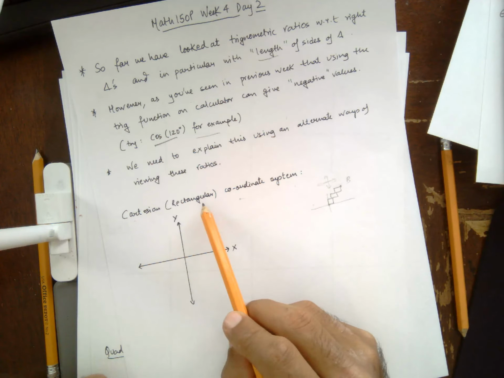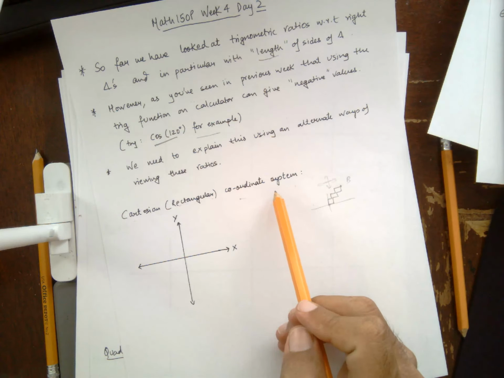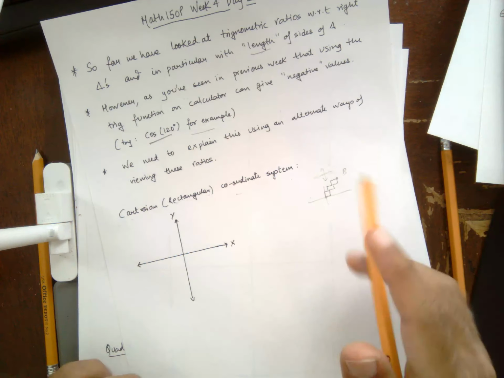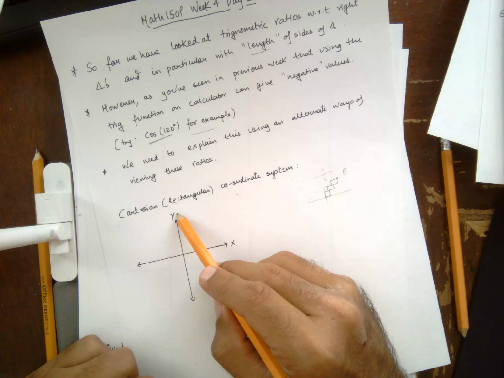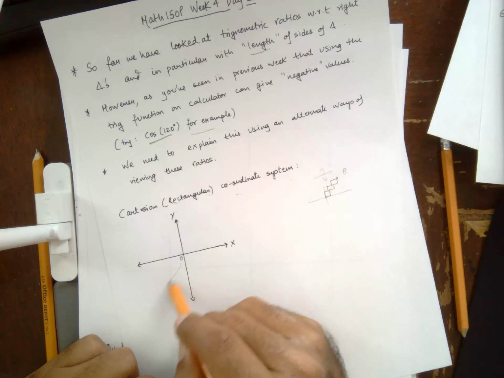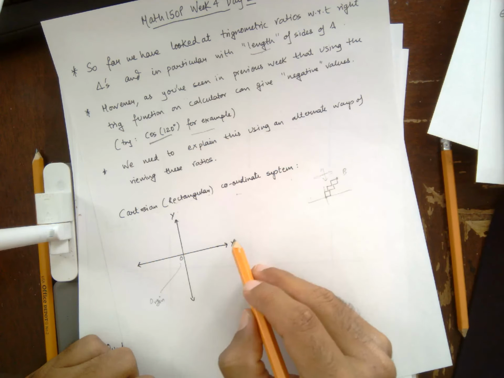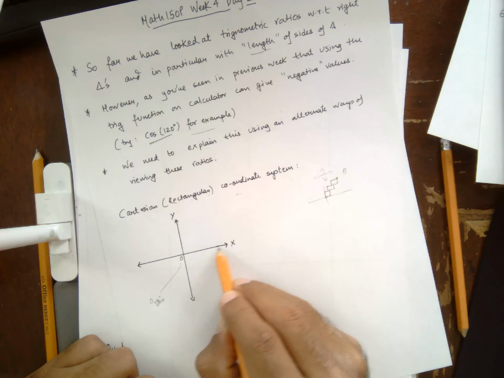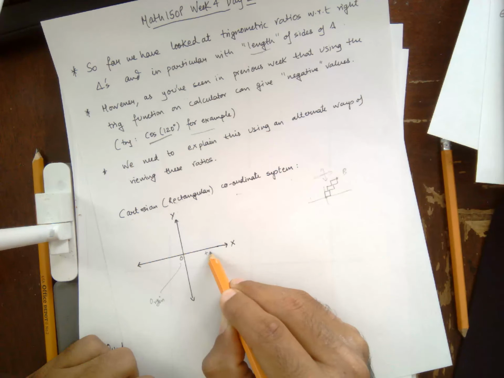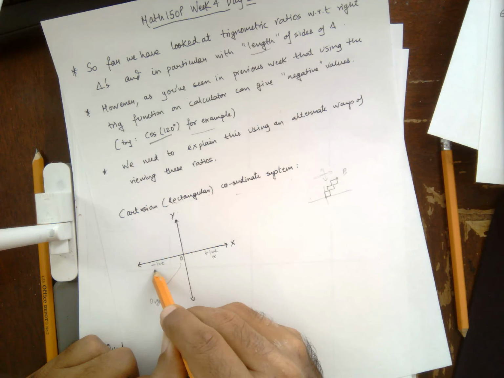And that's why the system is called a rectangular coordinate system. This is called the x-axis, this is called the y-axis. Now specifically this point O is called the origin, that's the point 0. On the right branch here, these are positive x values. On the left branch are negative x values.